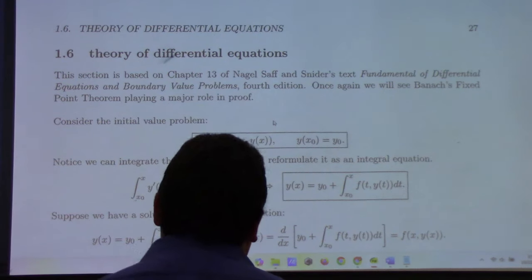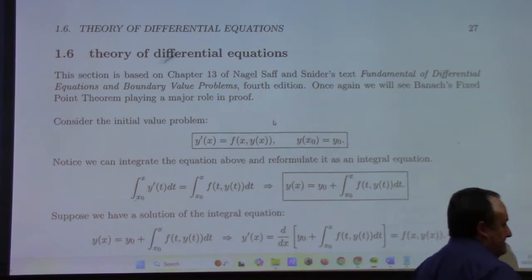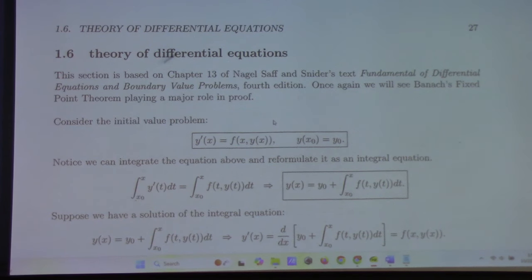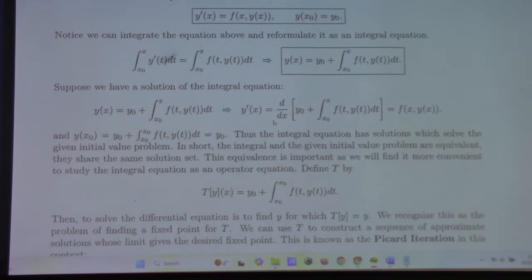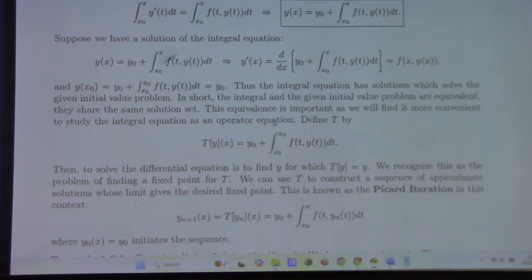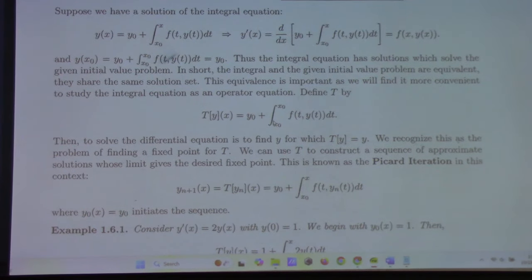So, for those of you who've taken differential equations, do you remember the theory? Well, not yet. Let me hold off that question. So a fixed point then is a solution to the differential equation.